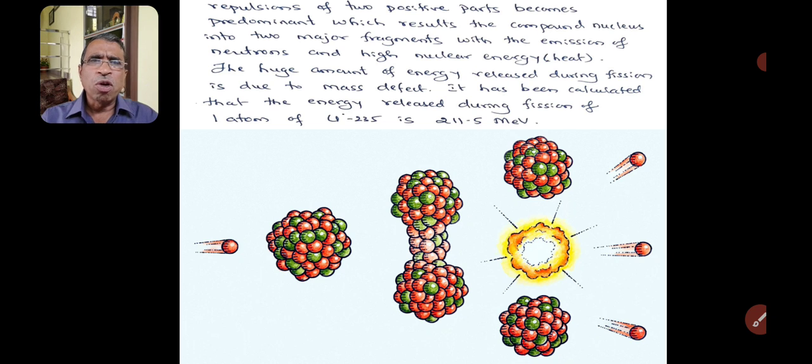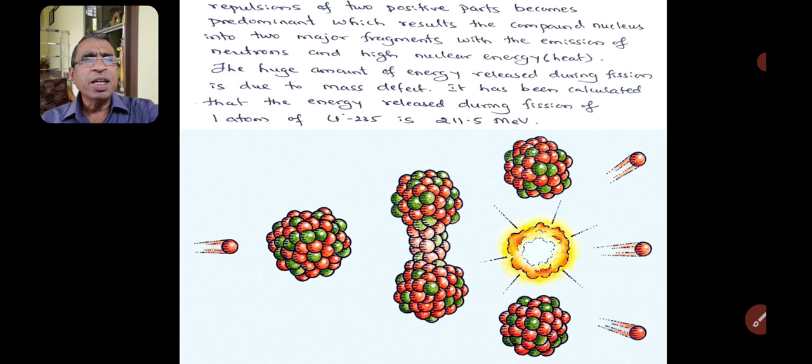This neutron enters the system and oscillations start in the nucleus, which lead to elongation, then to the ellipsoid shape and then the dumbbell shape, and finally it divides into two, giving neutrons as well as energy.